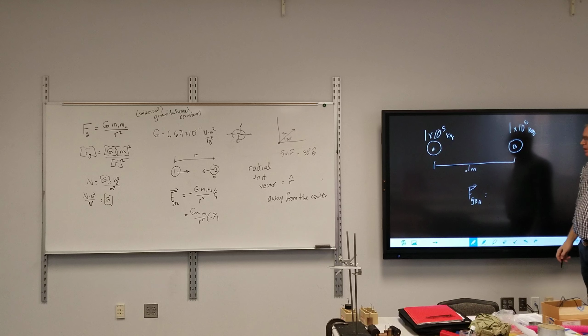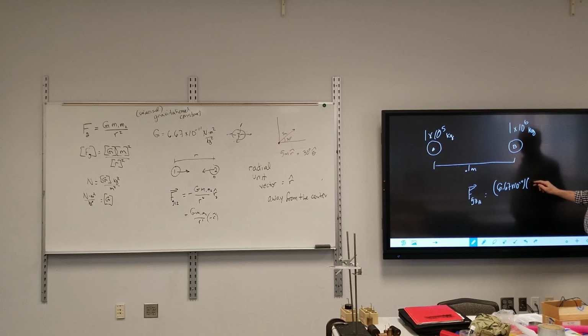So, plug and chug. I know that the magnitude is 6.67 times 10 to the negative 11th times 100,000 times a million, divided by the distance squared.